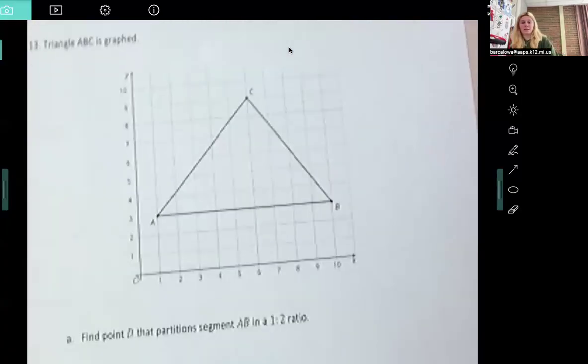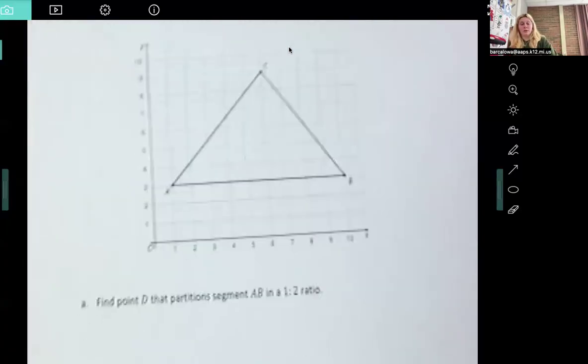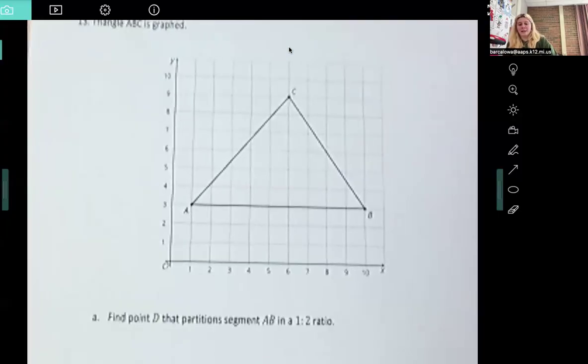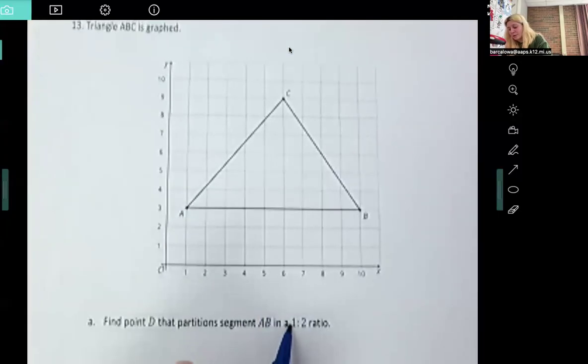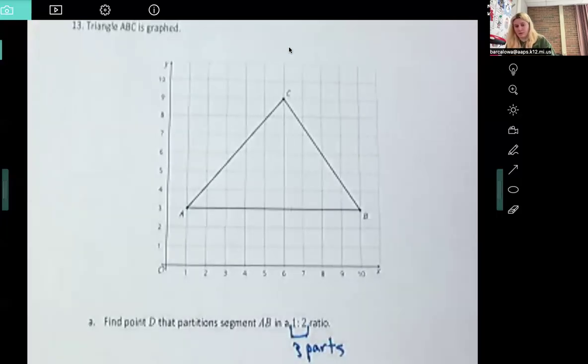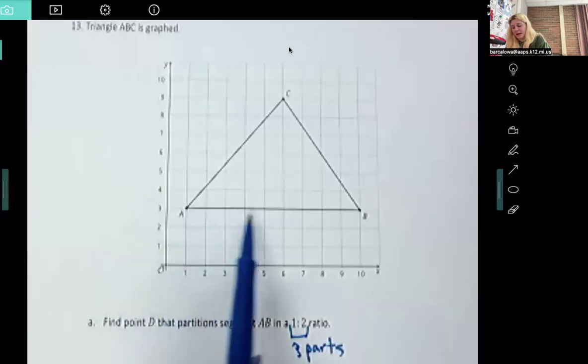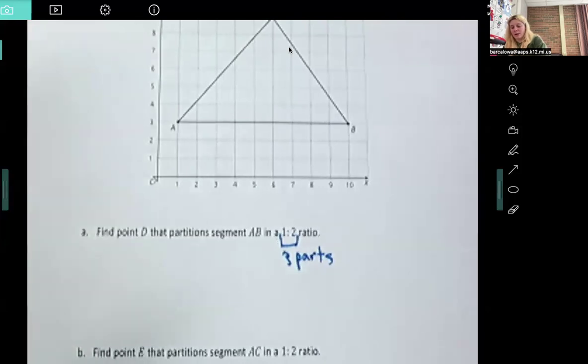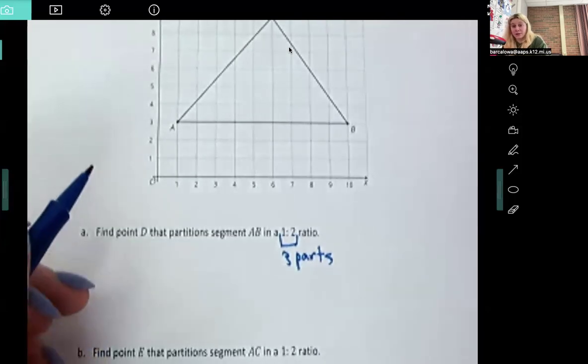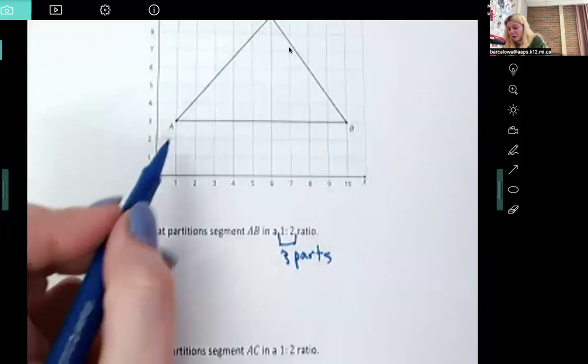Okay, triangle ABC is graphed. Find point D that partitions segment AB in a 1:2 ratio. So 1:2, I'm gonna have 3 parts. Segment AB is on the same Y value, so I just need to worry about my X value. How far apart are A and B?